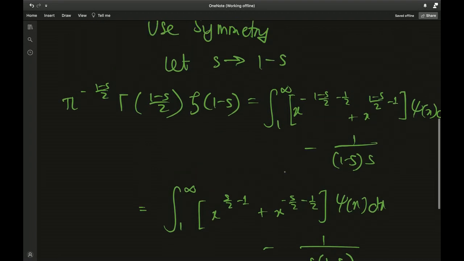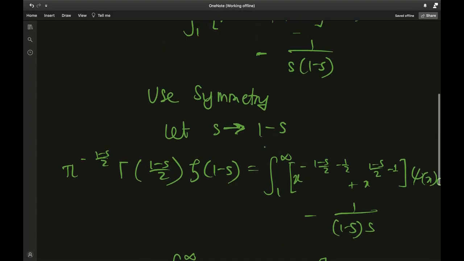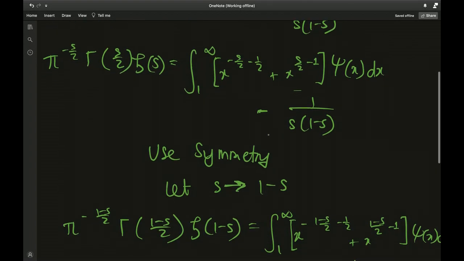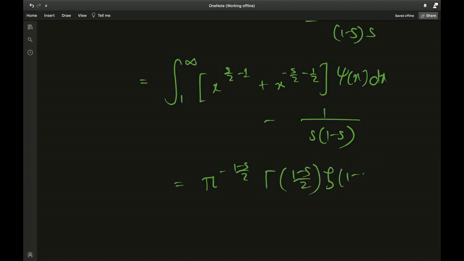So it doesn't change even if you change s to 1 minus s. This right hand side doesn't change at all. So this right hand side is equal to pi to the negative 1 minus s over 2 gamma of 1 minus s over 2 zeta of 1 minus s.